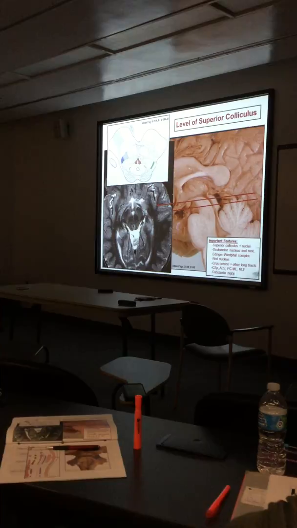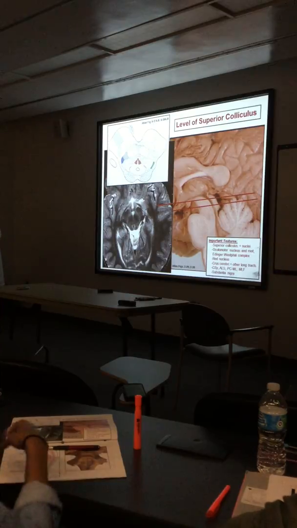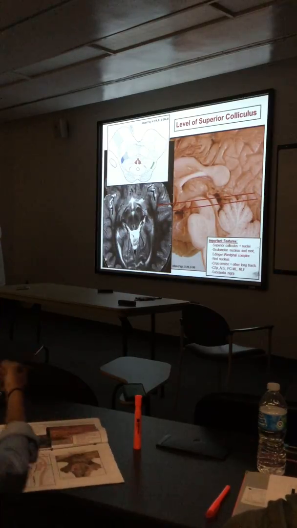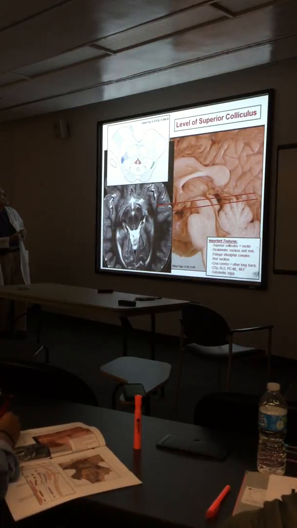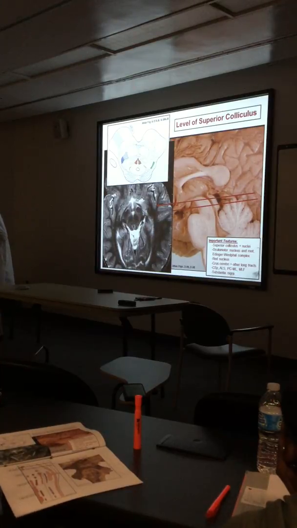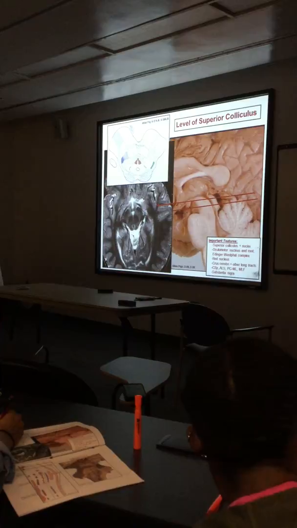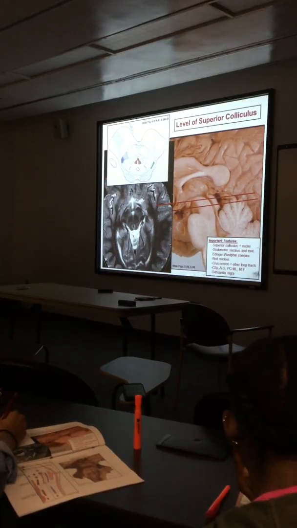One thing we do want to point out, substantia nigra right here will be black on all of your specimens in lab, and it is black on all of the specimens in your atlas. The nigra plus the crus cerebri, all of this is the basis pedunculi, the base. So it has a homologous relationship to the basal pons.